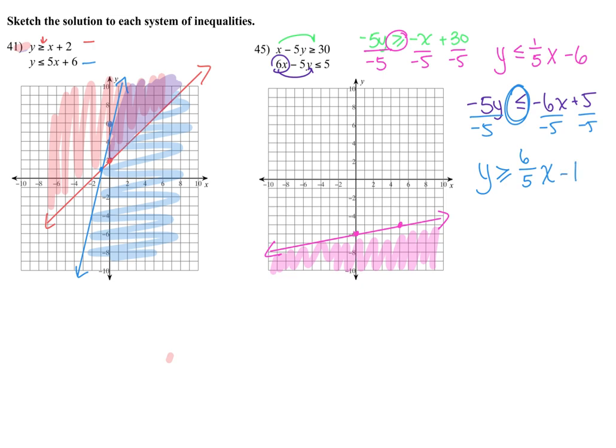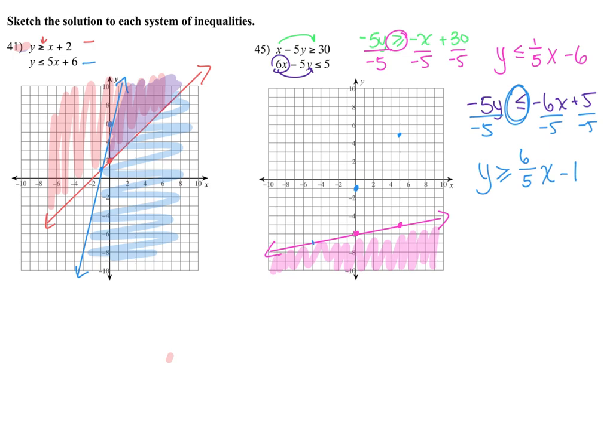And so I'm going to start at negative 1. I'm going to go either up 6 and right 5 or down 6 and left 5. Both of those work. This is also solid.